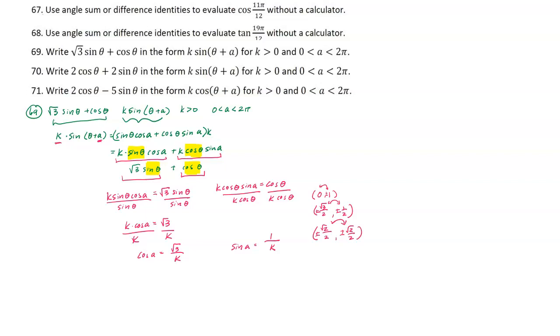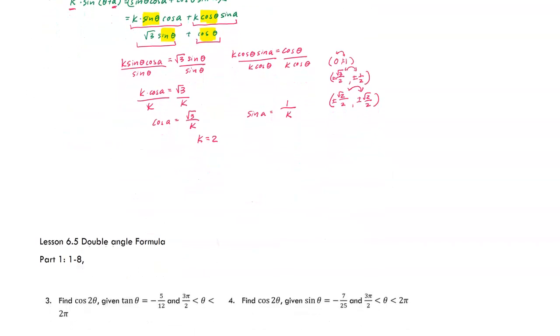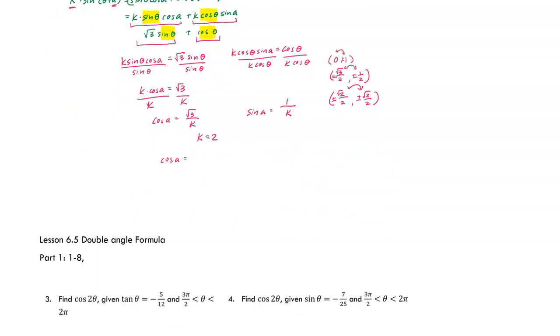If you look, the only thing that has a square root of 3 and a 1 is with a denominator of 2. So I can deduce that k equals 2. And once I put those in, cosine of a equals square root of 3 over 2, and sine of a equals 1/2, then it gives me my terminal point, square root of 3 over 2 and 1/2, what my x and y's are.